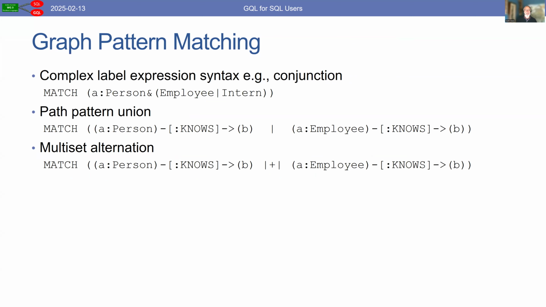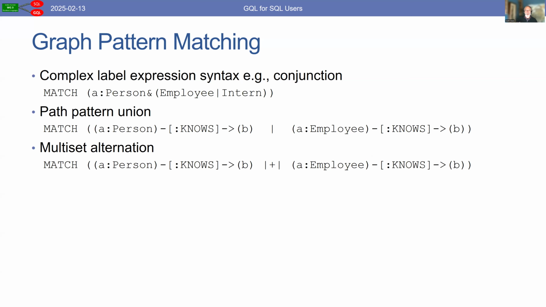So graph pattern matching, I can have a simple query where I can have label expressions. So this says, give me the nodes where the label is person and either an employee label or an intern label. Could also be both. I can do a path pattern union that basically takes two queries and gives the result as a union.